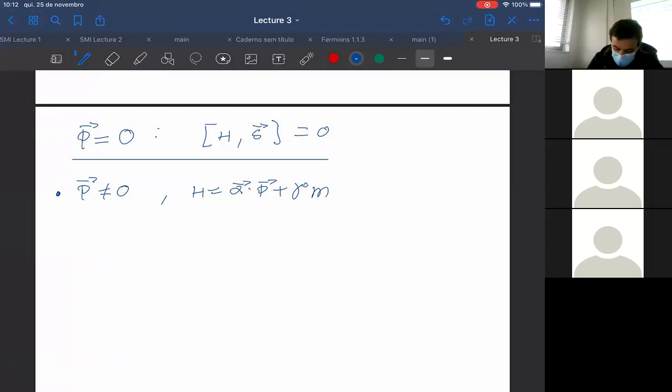Then we can rearrange this and multiply the Hamiltonian by gamma naught, and this now becomes gamma dot p plus m. This is because gamma naught is the identity.